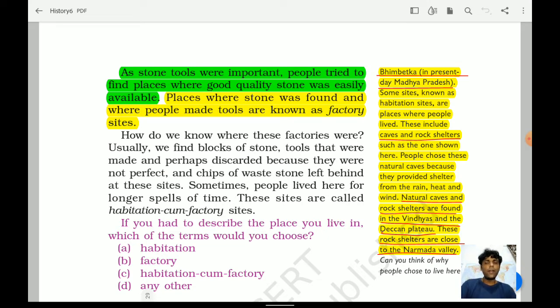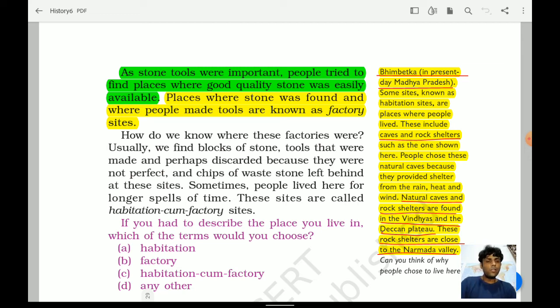So as we have already understood, water must have played an important role. Today also we see that people try to live near where water availability is good. In the past as well, civilizations survived on the banks of different rivers. If we refer to the Harappan civilization, it flourished on the banks of the Indus, right? Similarly, this is referring to the fact that these were near the Narmada Valley.